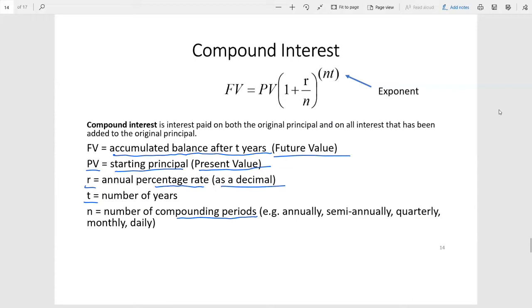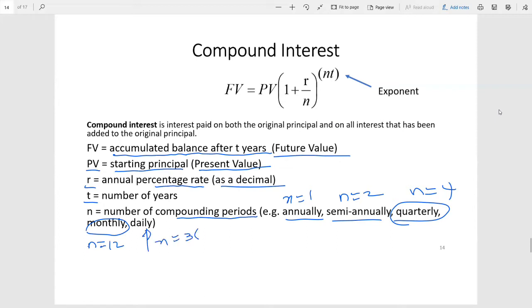It could be compounded annually, which means that N is equal to 1. It could be compounded semi-annually, which means N equals 2. It could be quarterly, which makes N equal 4. Monthly makes N equal 12. And daily, N equals 365.